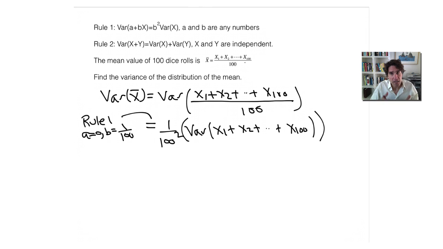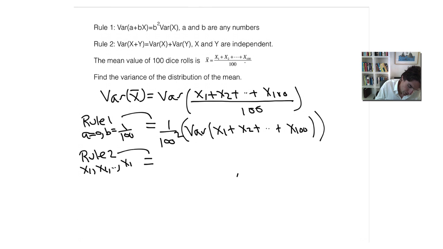Now, the values on each roll are statistically independent of each other. So now we can use Rule 2 to bring the variance through the summation, since the values of the 100 rolls are independent.